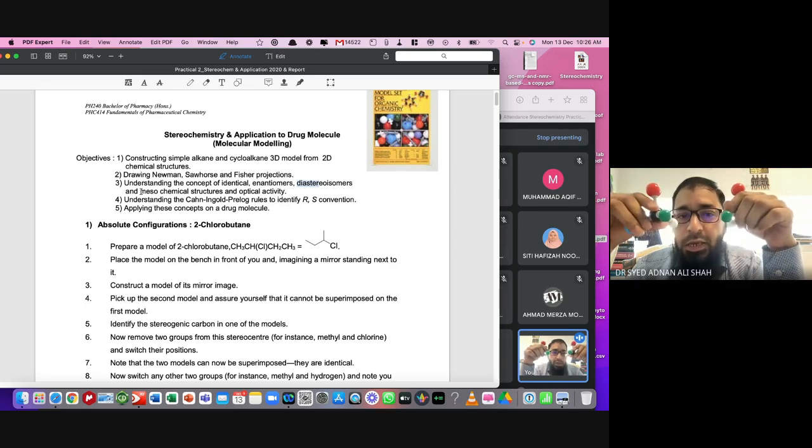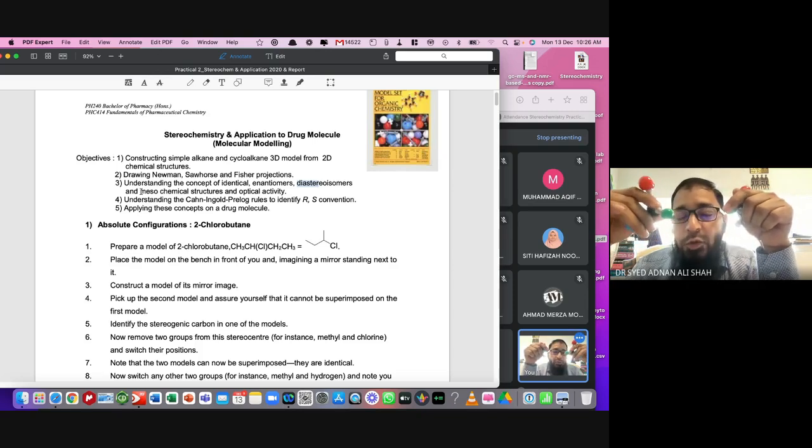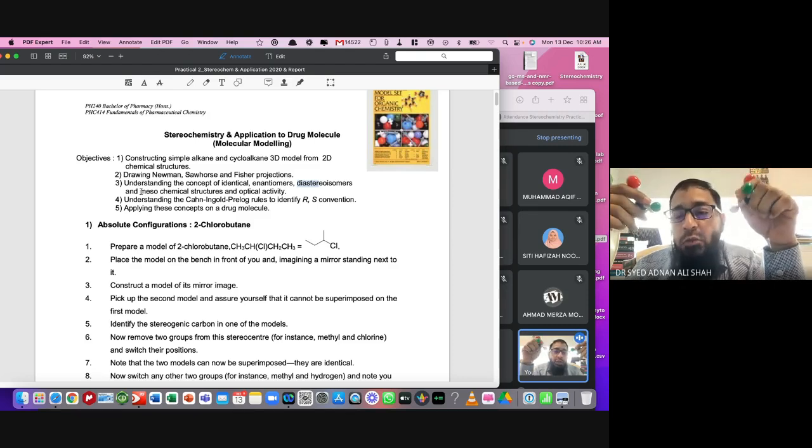They can rotate the plane of polarized light. In order to check the optical activity, we use polarimetry, an instrument which is used to see whether the molecule has chirality or not.